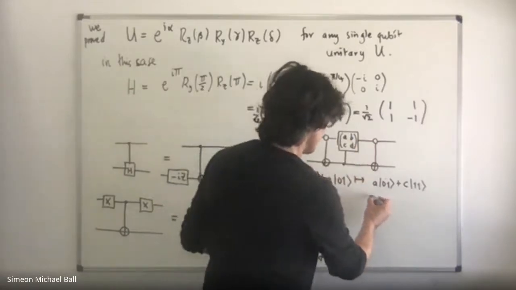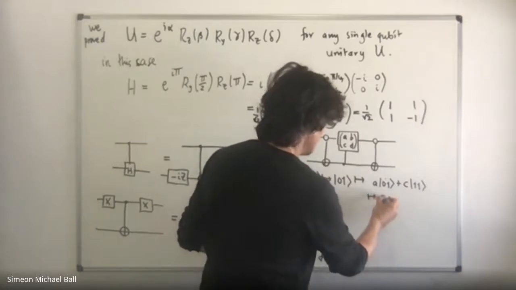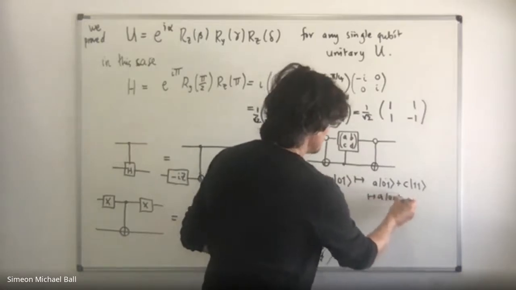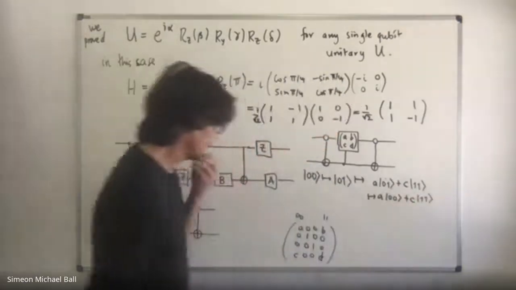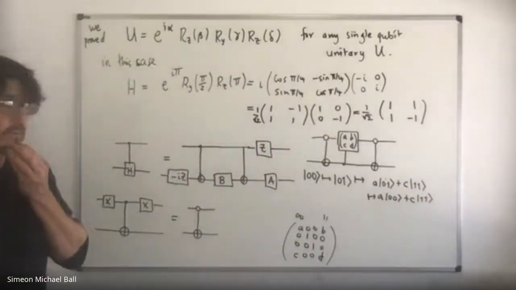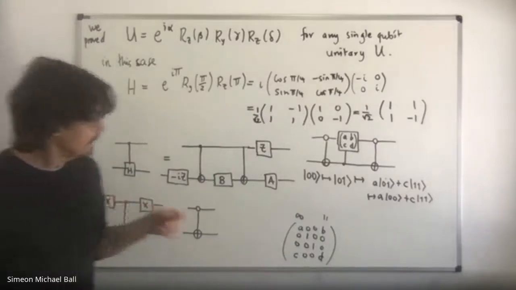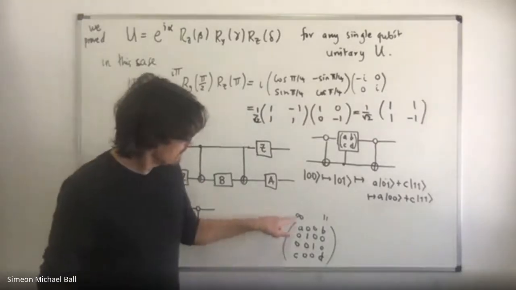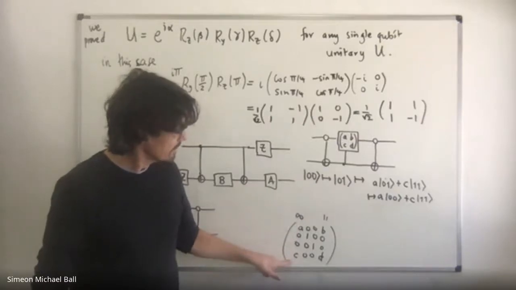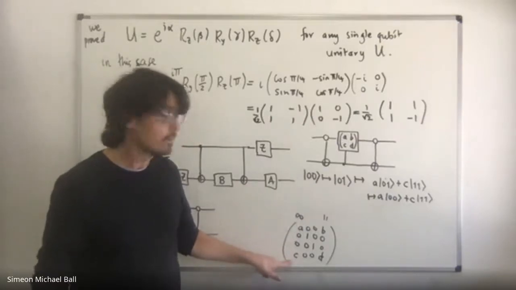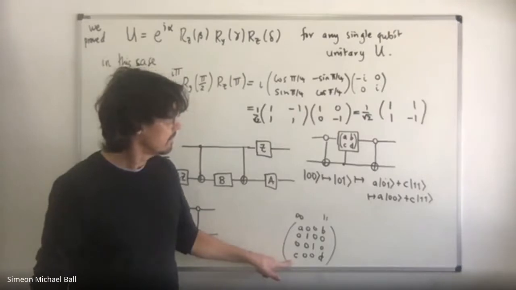So this then goes to A 0, 0, and this one's set so nothing happens to it. C 1, 1. And as if by magic, the 0, 0 has gone to exactly its image in the first column.